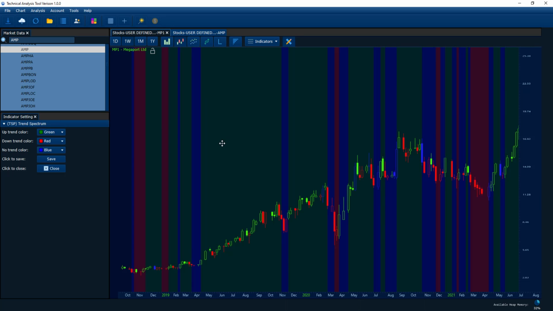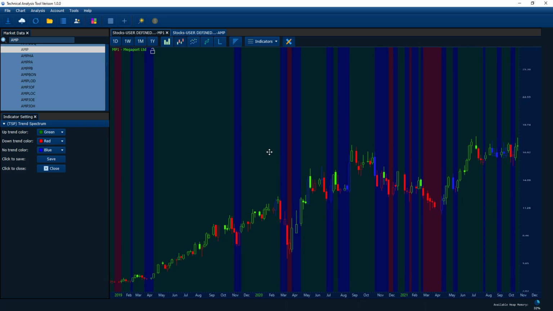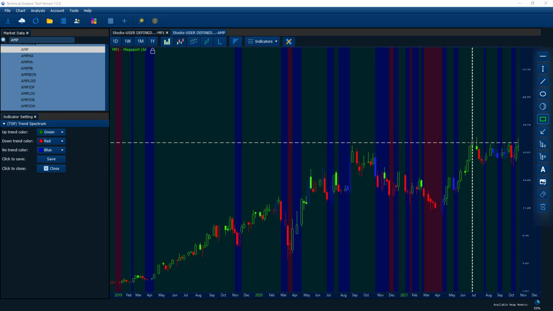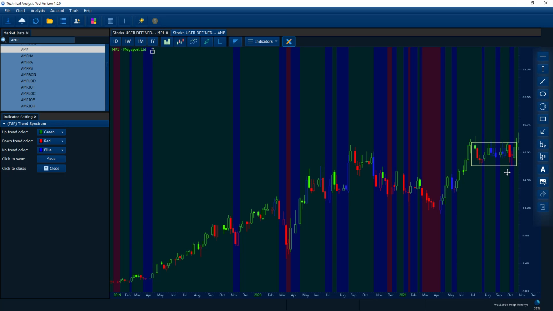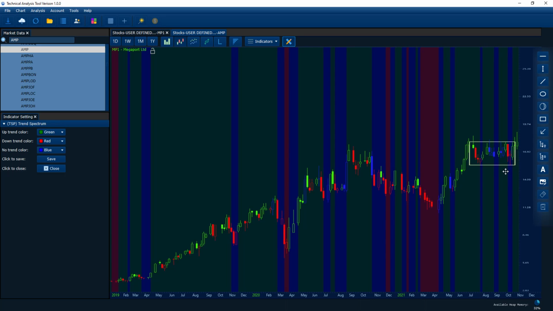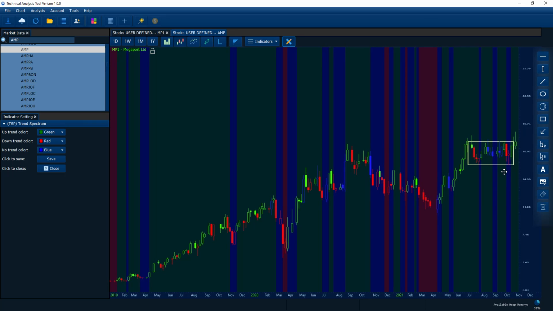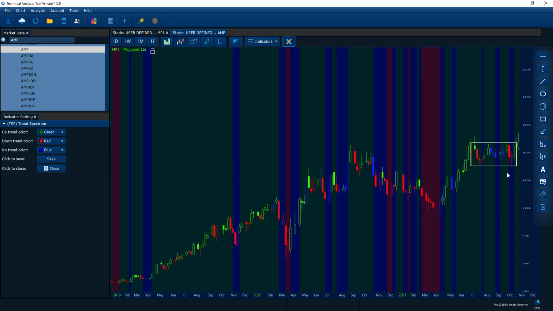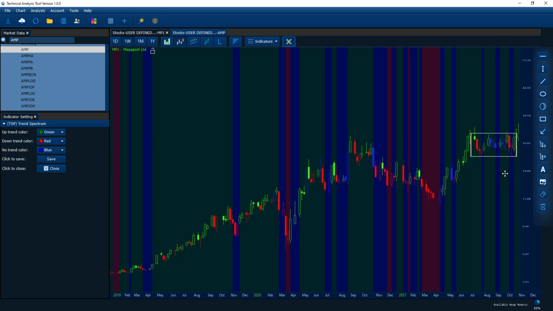This indicator can also tell you something when it's consolidating. For example, let's draw a rectangle here. This particular share moves into a consolidation pattern before it breaks out. If it breaks out from this trading range, the trend has to be ongoing because down the line is the uptrend, so the uptrend should keep going and you should see the green color.